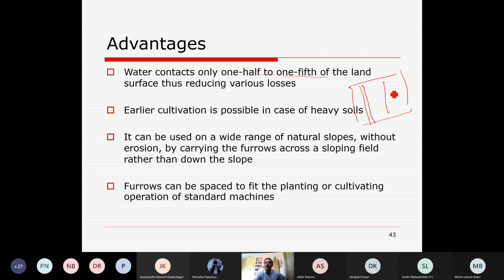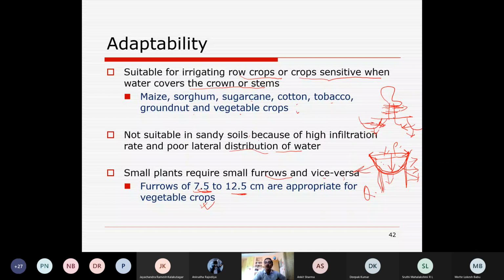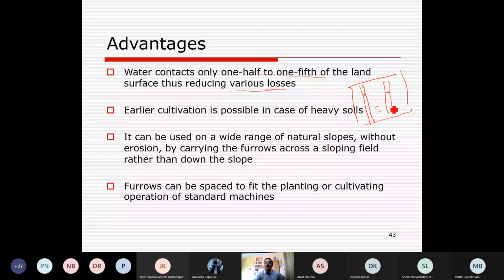So 1/2 to 1/5 means just 20% area of the land surface is supplied water, thus reducing various losses. So losses will be reduced automatically.